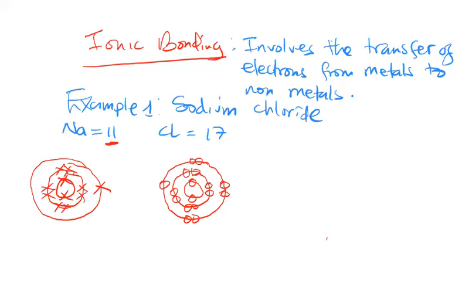Since chlorine has 7 outside, sodium will donate one electron so that chlorine can now have 8.